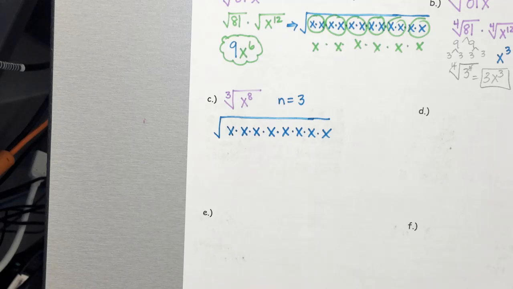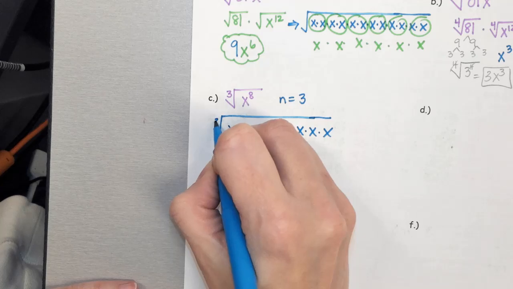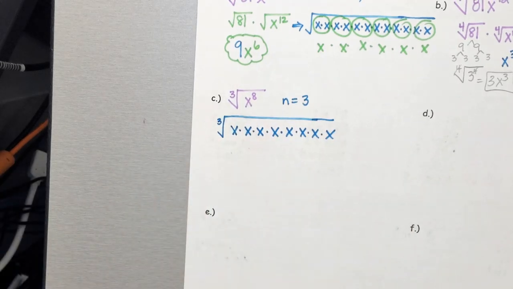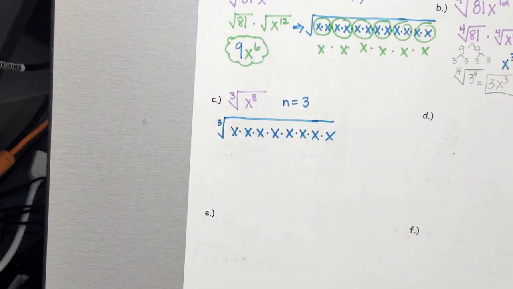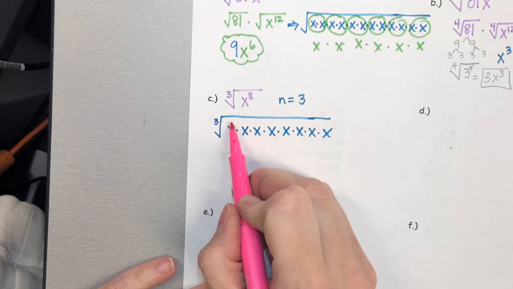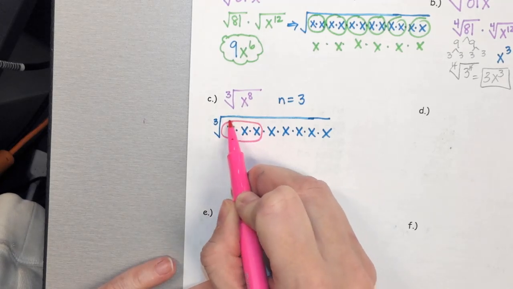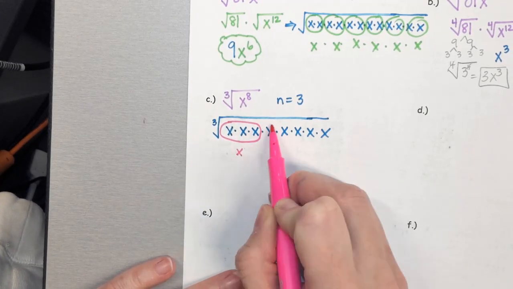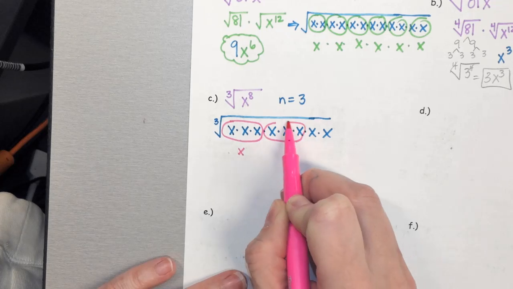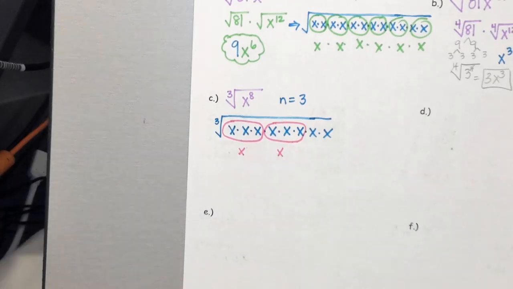radical, okay? Oh, and I already did something that I don't want to do. It's the cube root, so we're going to keep the cube root. Don't forget your indexes. Okay, so how many groups of 3 do I have here? I have one group of 3 here, so I take out an x. I have another group of 3 here, so I take out an x.